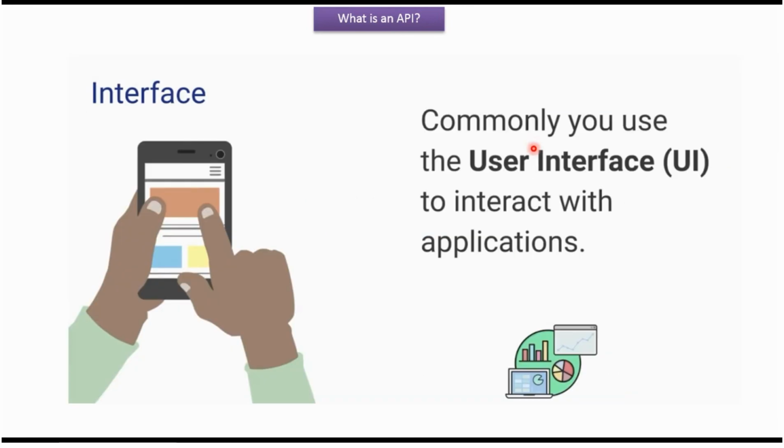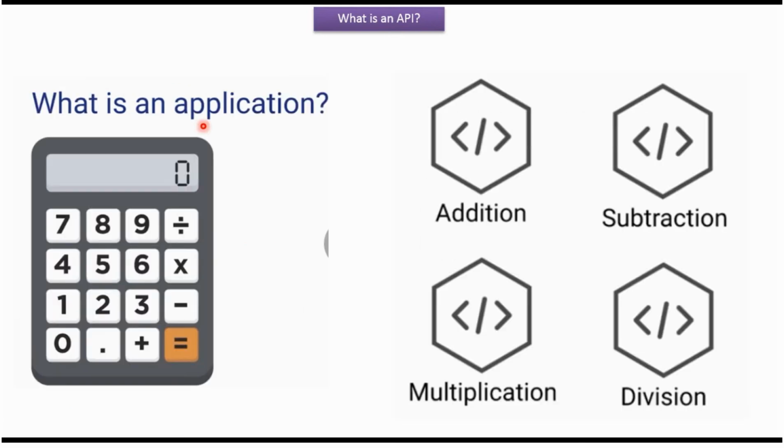Commonly we use a user interface or UI to interact with the application. The user interface contains buttons, links, etc., and by clicking them, we can interact with the application. So what is an application? An example is the calculator application, which you can see on a computer or phone.